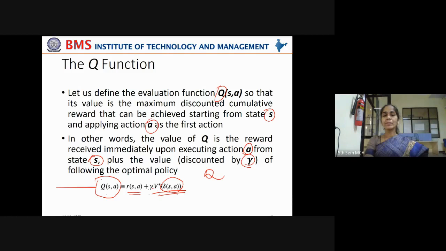Add both of them, and that will be treated as your evaluation function Q. The reward that can be taken, this is known for the first step, right? So this immediate reward and the cumulative value of the next state multiplied by the discount factor will give you the Q function of S, A.